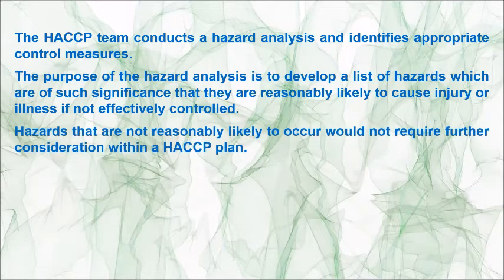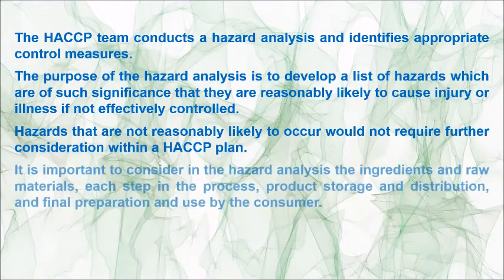That is why you need to list down the various hazards that could possibly be present at different stages. The hazards that are not reasonably likely to occur would not require further consideration within a HACCP plan. So if there is a hazard at a very minuscule level which is not going to have any effect anytime anywhere, you need not plan any further action for it.